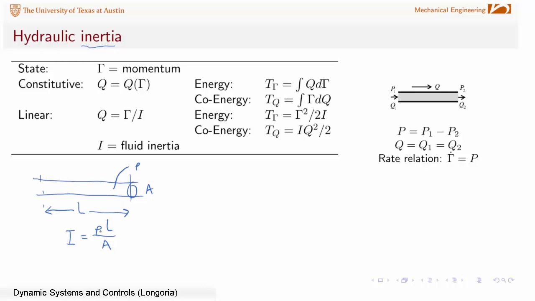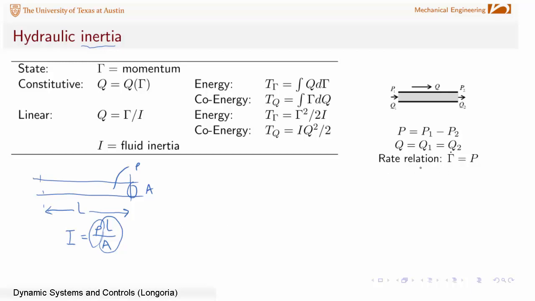I talked in previous reviews about how these parameters, like for electrical systems especially, you can always think of as related to the material properties and the geometry of the element. So here the length and the area play a key role.